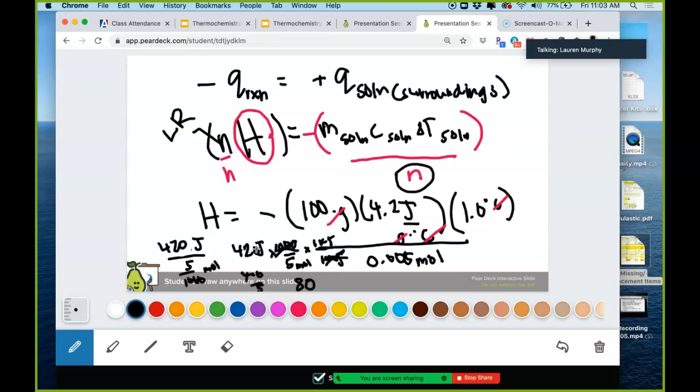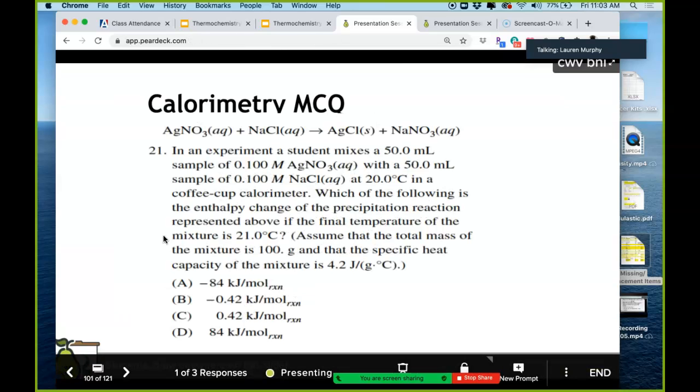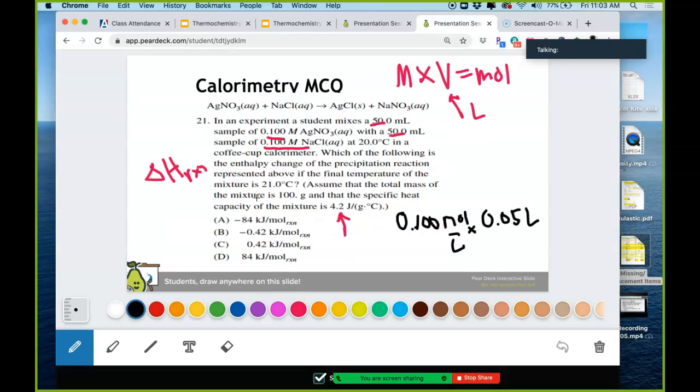But it isn't 400, it's 420, so it's going to be a number a little bit bigger than 80, and then do not forget the negative sign. So if you look on here, our answer is going to be A, negative 84, so a little bit more, right? Because the number is really 420 and not 400 kilojoules per mole. Energy released. This process is exothermic.